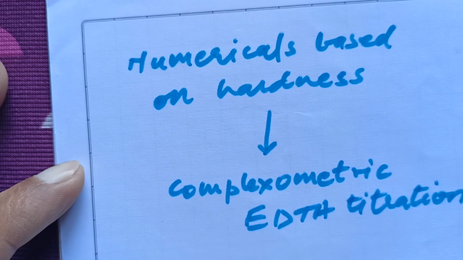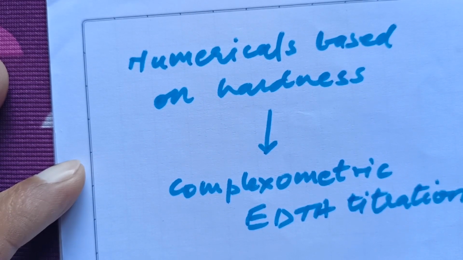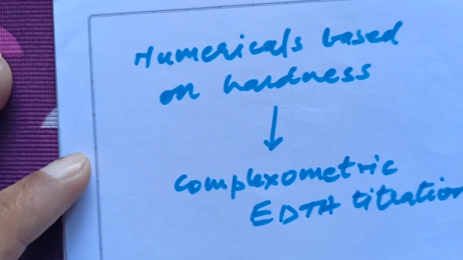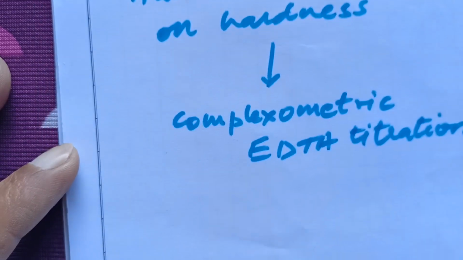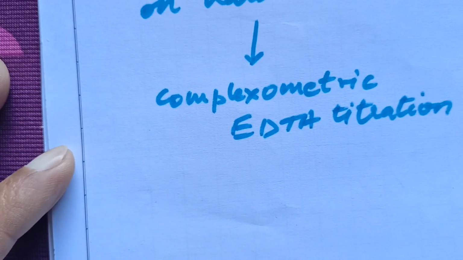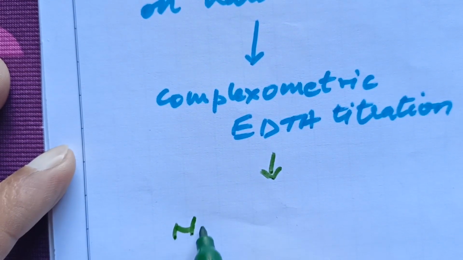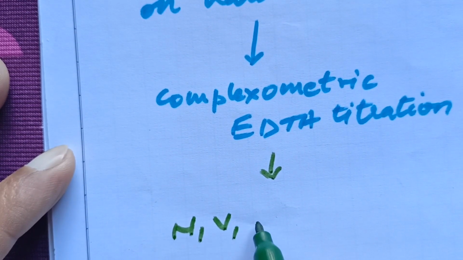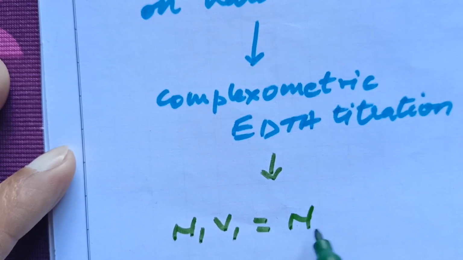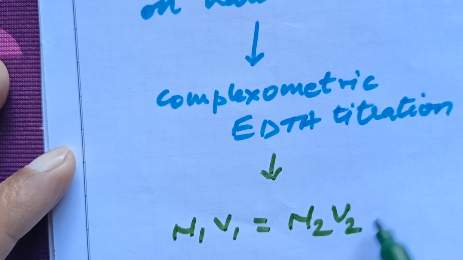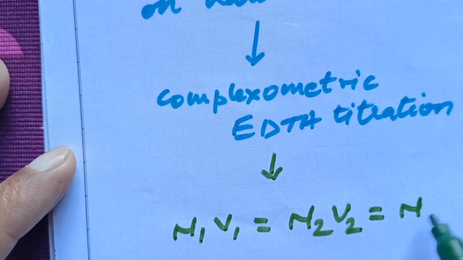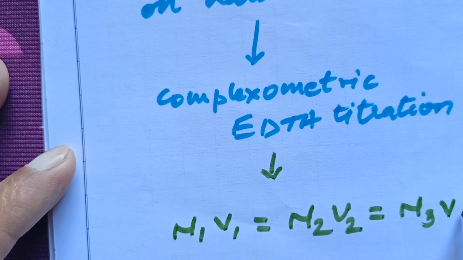After determining the hardness, we can calculate the particular hardness via a formula, and the formula is N1V1 equals N2V2 equals N3V3.